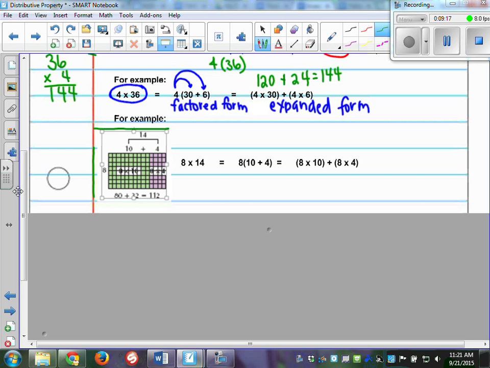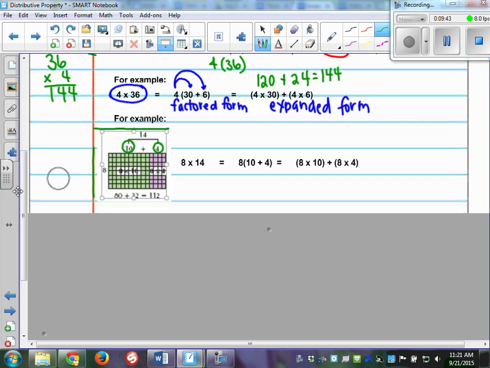Okay? Now, to make this a little bit easier for myself, I decided to split this up into 8 times 14, but I split this 14 up into 10 and 4. So instead of thinking of my problem as 8 times 14, I can think of it as 8 times 10 plus 4.